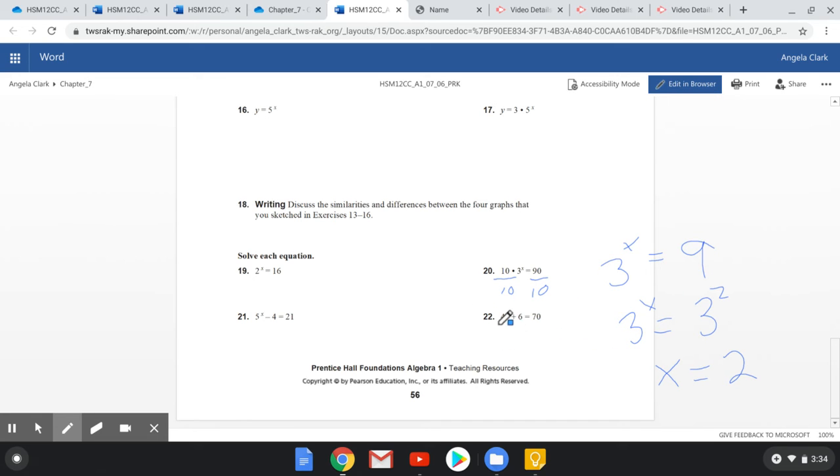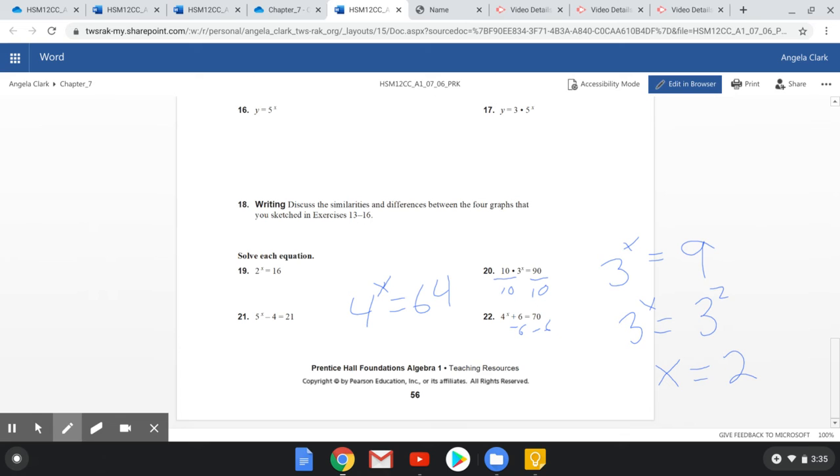Let's do number 22. Here I have something being added to my exponential, so I need to subtract to get rid of that. So I'm going to subtract 6 from both sides. So I get 4 to the x equals 64, because 70 minus 6 is 64.